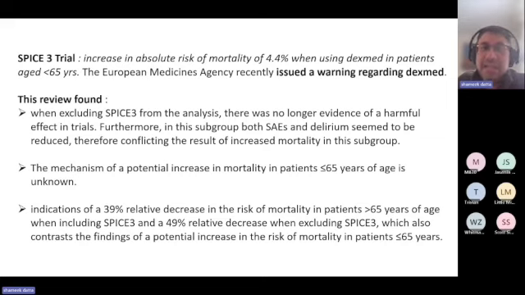Both in SPICE-3 and in this trial, they did not mention any mechanism of the potential increase in mortality. However, the good thing is there was a 39% relative decrease in risk of mortality in patients more than 65 years of age, when even trials which were included in SPICE-3 were analyzed, and there was a 49% relative decrease when the trials included in SPICE-3 were excluded.